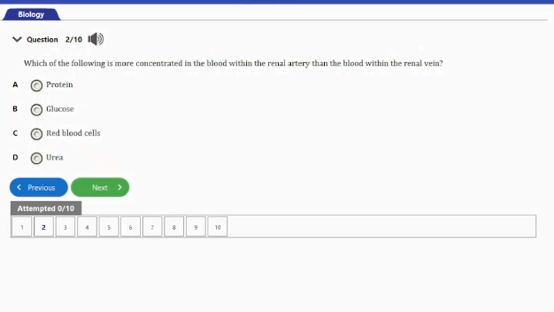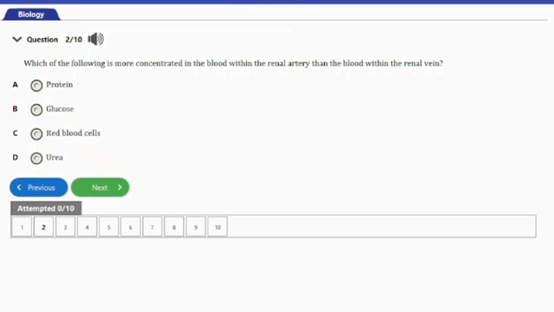So guys, the answer to this question is option D, and that's the urea. So guys, the urea is more concentrated in the renal artery than the renal vein, and that's because when the urea gets down to the efferent arterioles, then when it's passing from the glomerulus, a large percentage of the urea from there will be filtered down into the tubules, right?